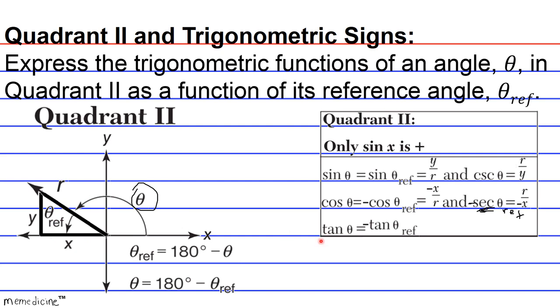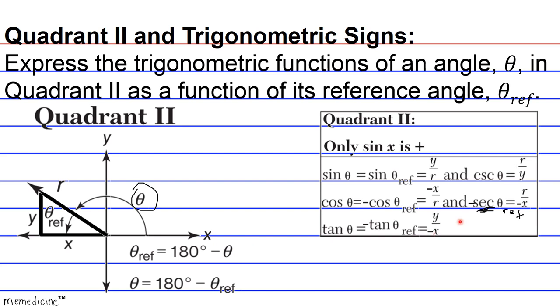Again, the negative here comes from the fact that this angle is growing in the negative clockwise direction, and the negative in the actual numerical value will come from the fact that you're now located in the negative aspect of the x-axis, rather than the positive aspect of the x-axis, okay?